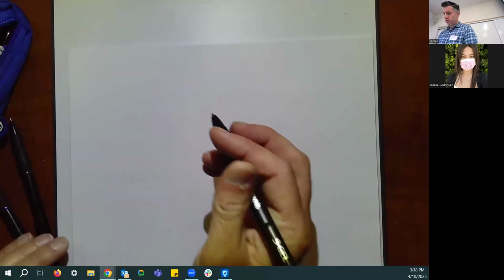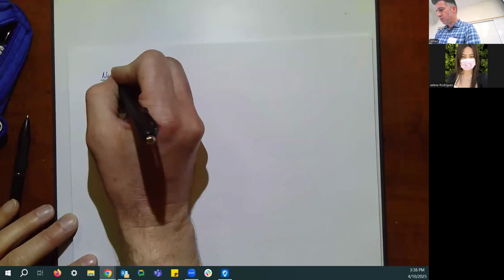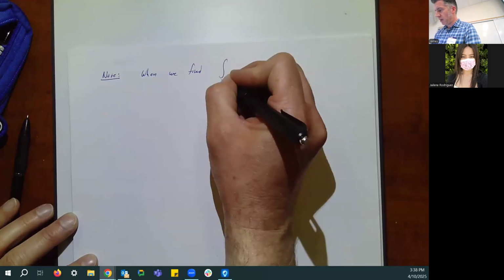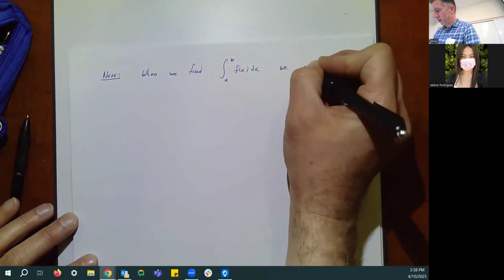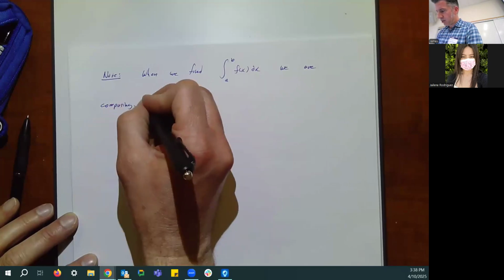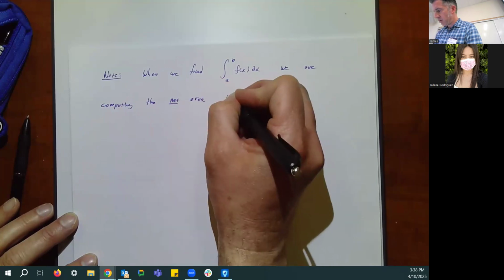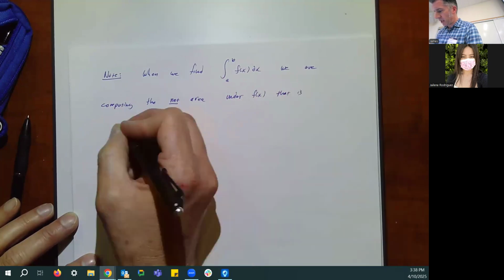keeping things in order here. Note: when we find the integral from a to b of f of x dx, we are computing the net area under f of x that is above the x-axis.